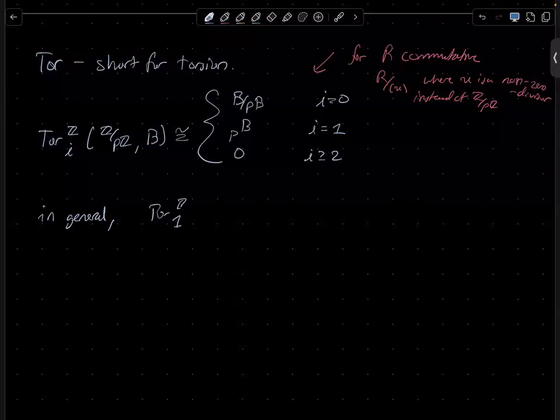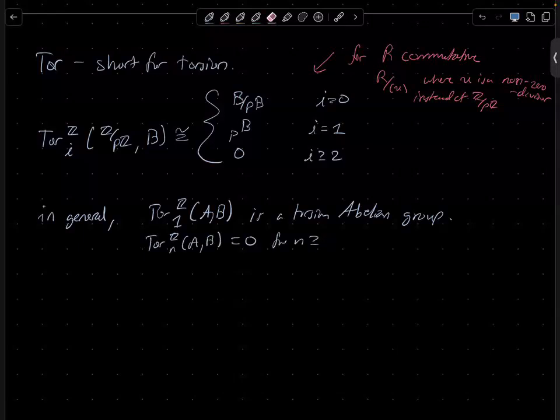Tor_1^Z(A, B) is a torsion abelian group. That means all its elements have finite order. Then also Tor_n^Z(A, B) equals 0 for n greater than or equal to 2.